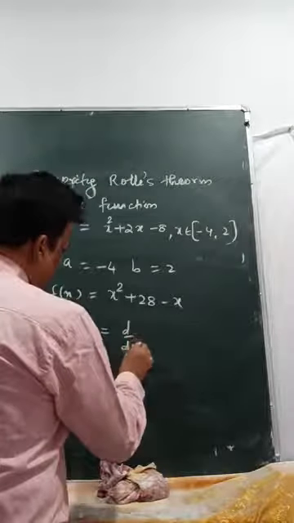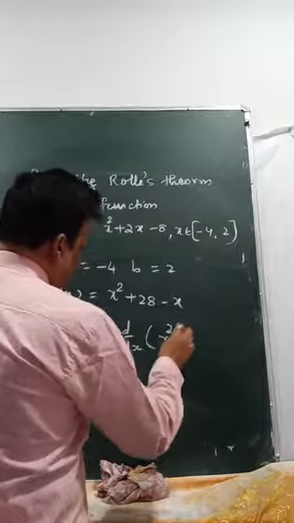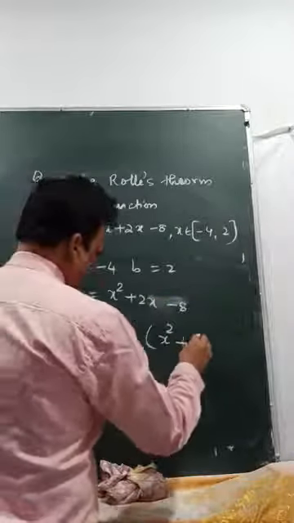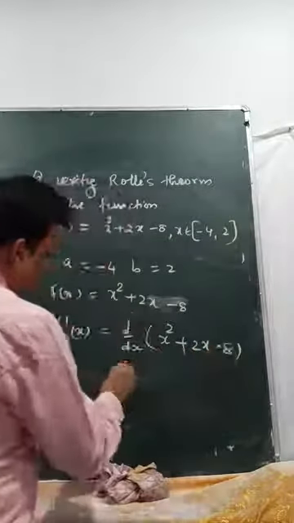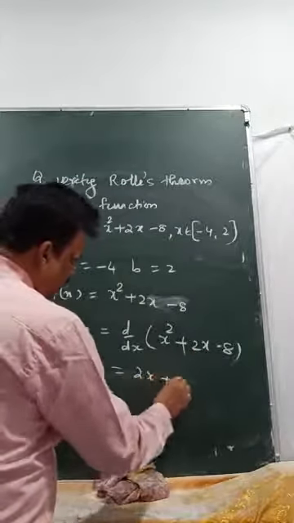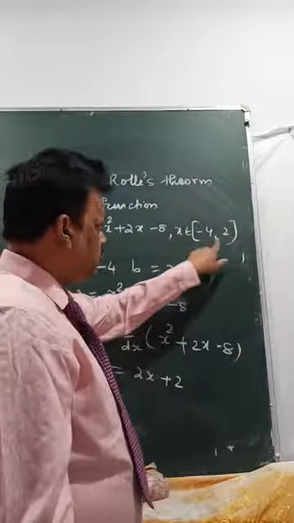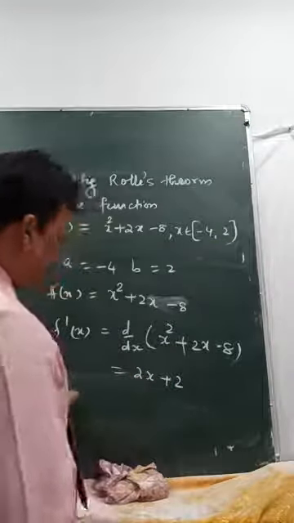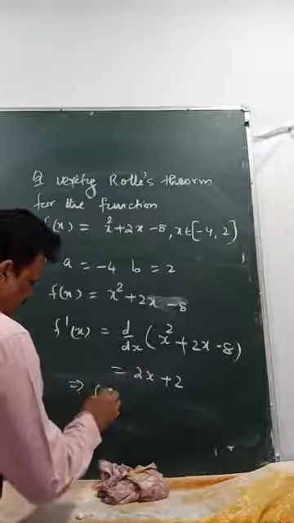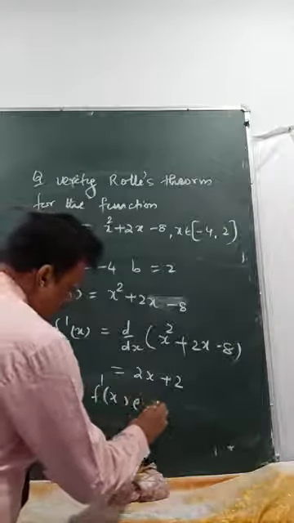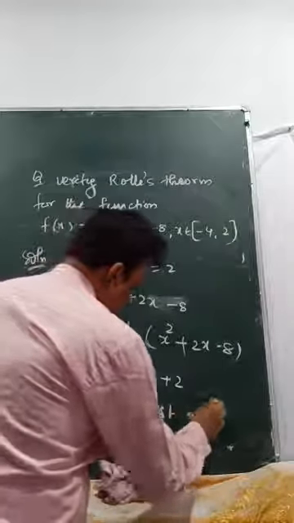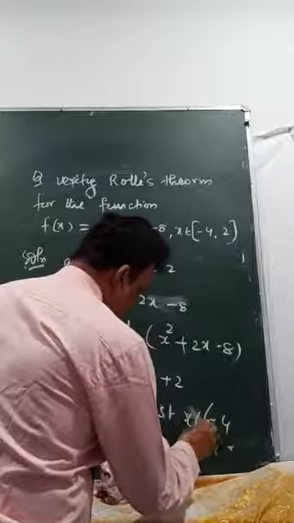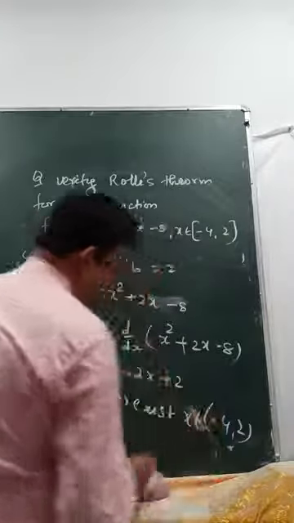That is d/dx of x square plus 2x minus 8. That gives you 2x plus 2. Any point between minus 4 to 2, if you put here, the derivative will exist. Implies f dash x exists for x belonging to (minus 4, 2).